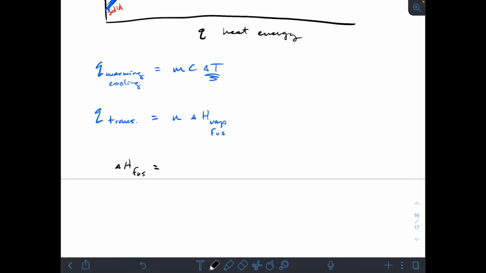So ΔH of fusion, that's for melting, and it'll be given as a positive value. So if I want to talk about freezing, I need to flip the sign. So freezing will be negative ΔH of fusion. Remember that opposite processes have the same magnitude, just opposite sign.